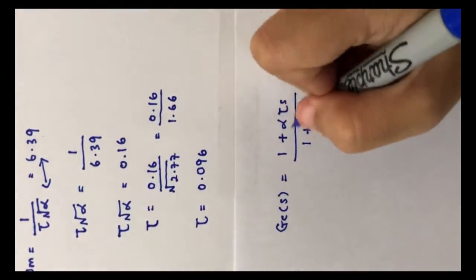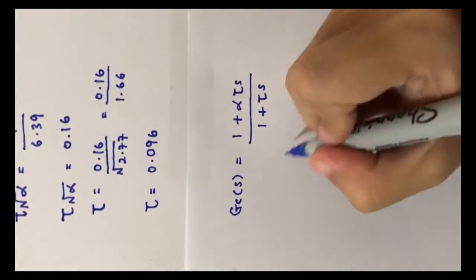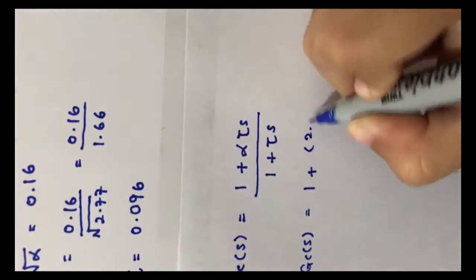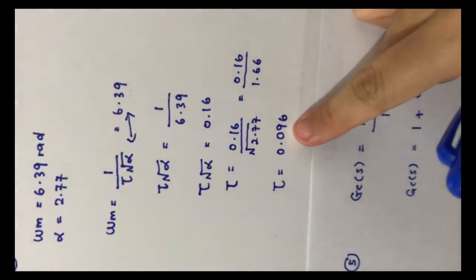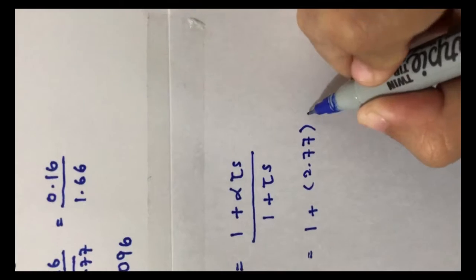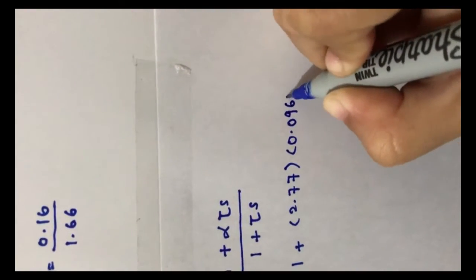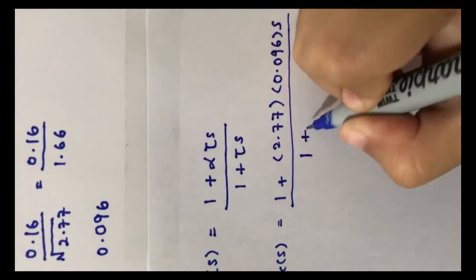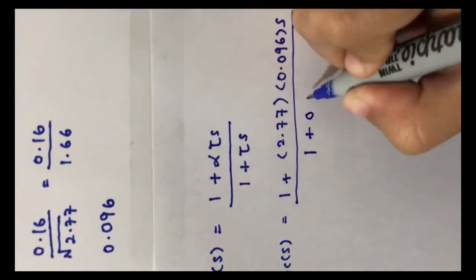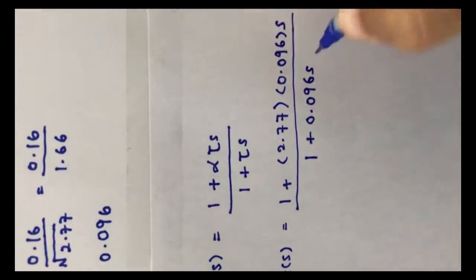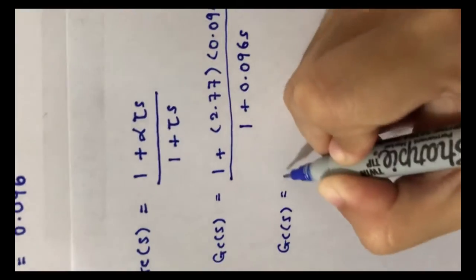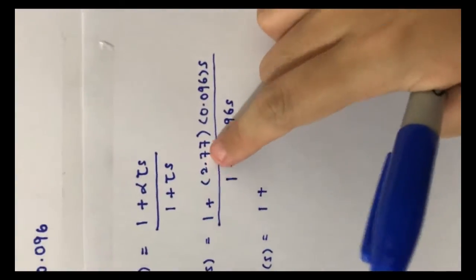Now we just substitute the value of alpha and tau into the equation, which will get us 1 plus 2.77 times 0.096 s, and this whole thing is over 1 plus 0.096 s.